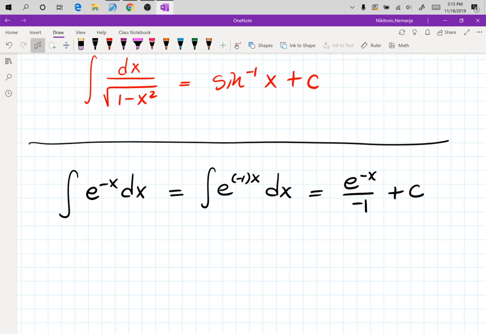So let's take a look at these three properties which allow us to combine these functions.